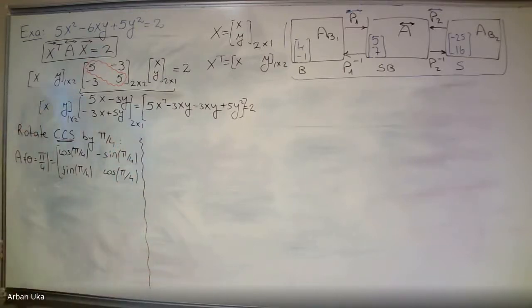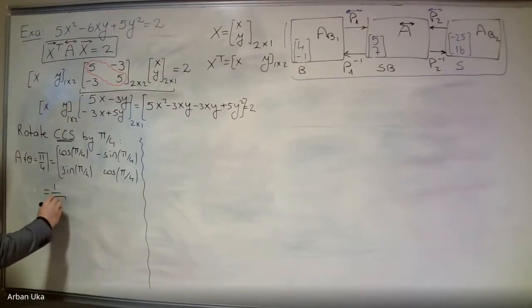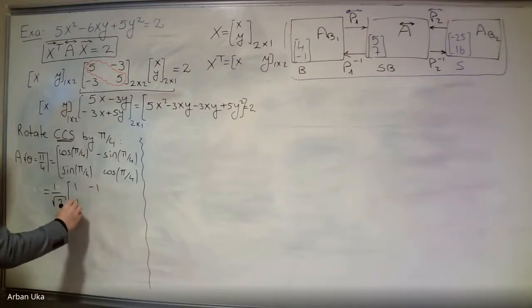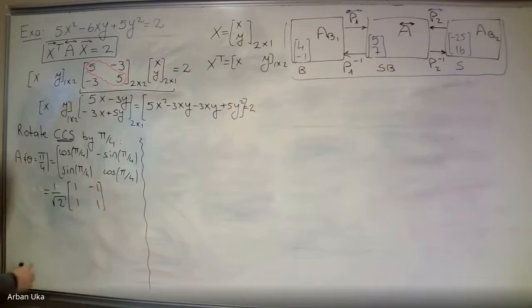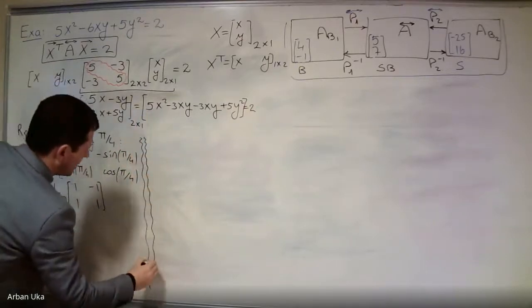For this specific angle, this matrix is going to be equal to 1 over square root of 2 times the matrix 1, minus 1, 1, 1. So this is the rotation matrix, which can rotate the whole Cartesian coordinate system by an angle pi over 4.